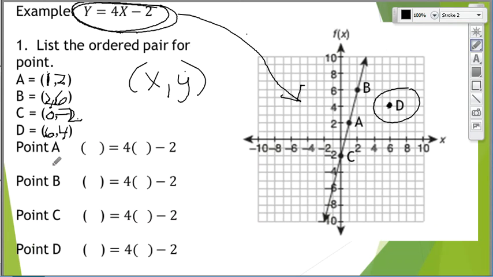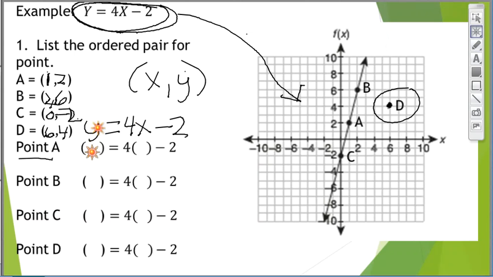Okay, so for point A, I've left some blank spaces here for our equation. So whatever our y is in our ordered pair, that's going to go in this place. Whatever our x is in our ordered pair, that's going to go in this space.